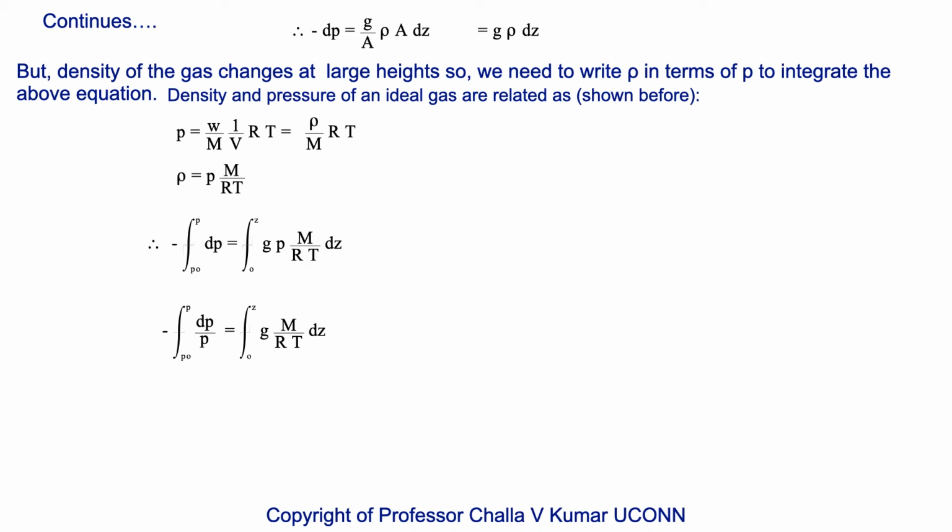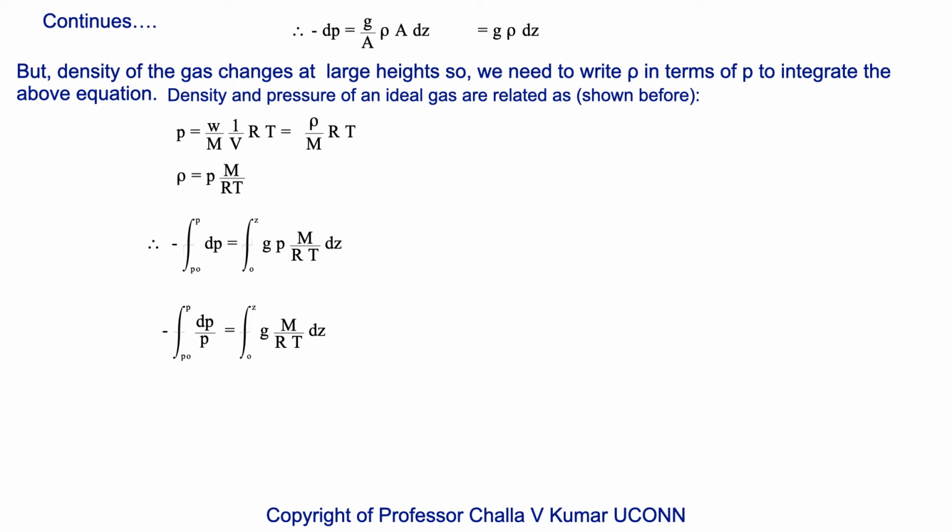Now we ask what would be our limits. Let's assume that P0 is the pressure of the gas at the bottom of the column. At the bottom of the column, the height z equals 0. So the lower limit on the left-hand side integral is P0, and the lower limit on the right-hand side integral is then 0 because it's 0 height.